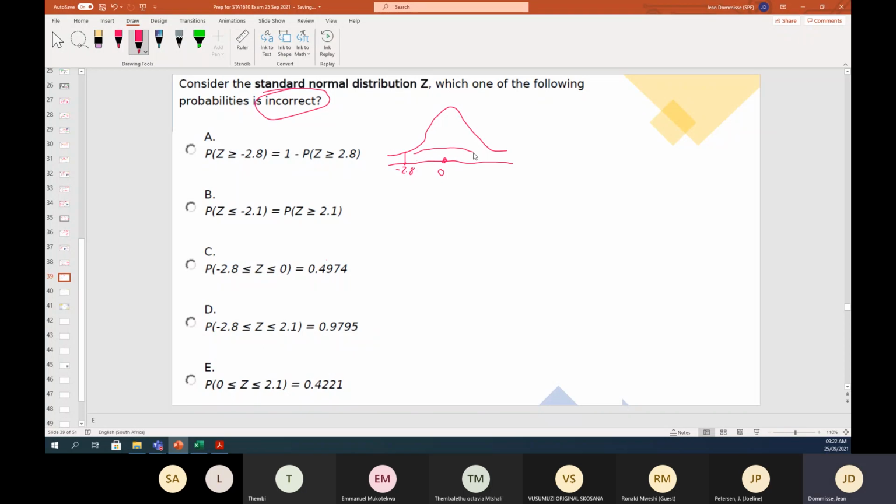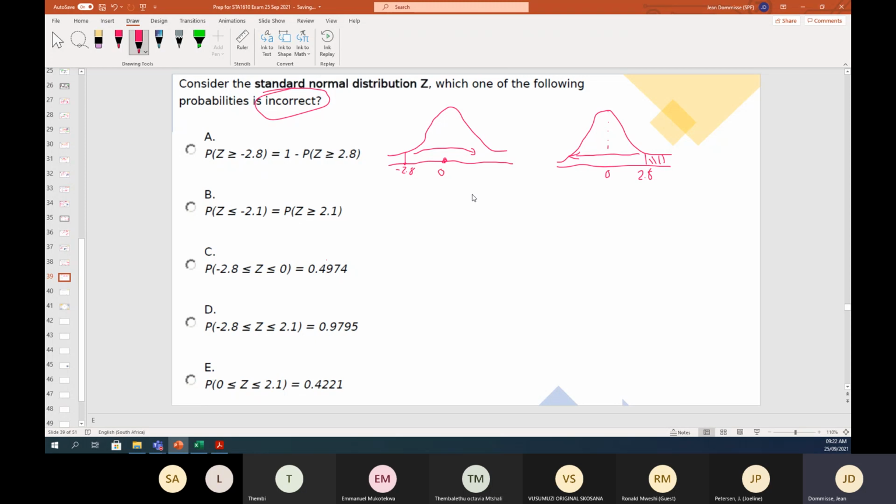I want to know if that area is exactly the same as 1 minus the probability that Z is bigger than 2.8, so 1 minus that is actually that area.